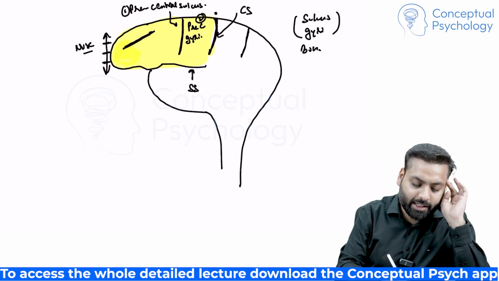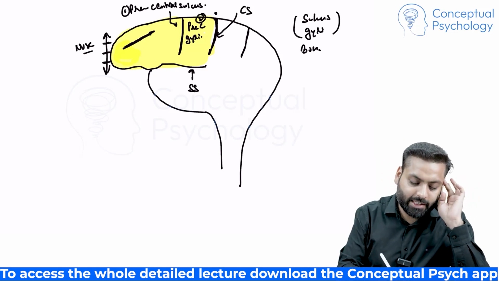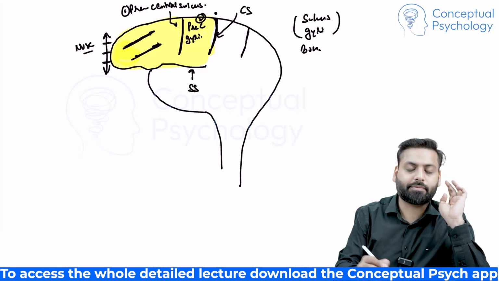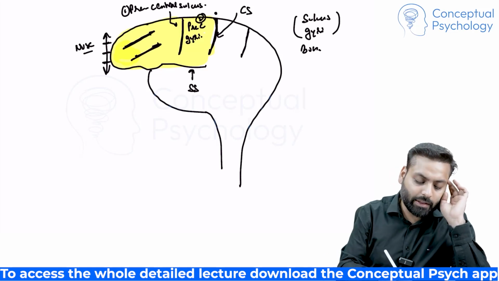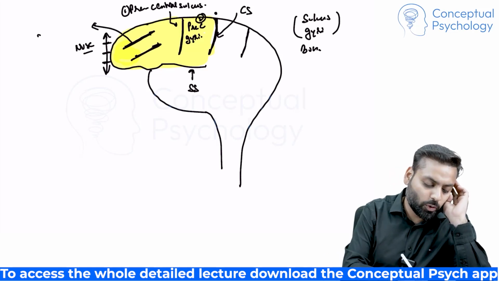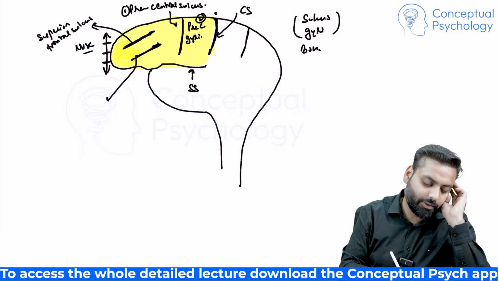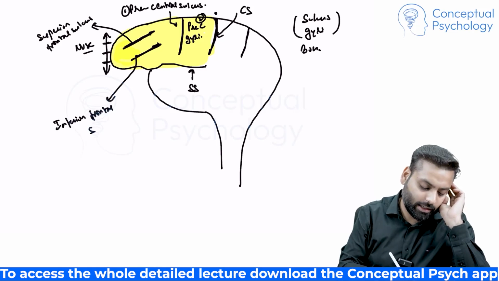So if there is a sulcus here, this sulcus will be known as the superior frontal sulcus, and this sulcus will be known as the inferior frontal sulcus.